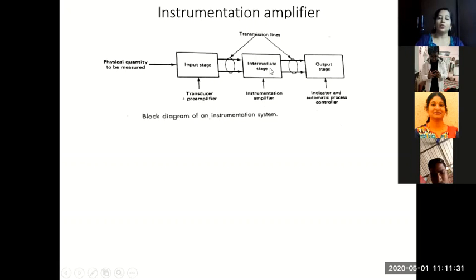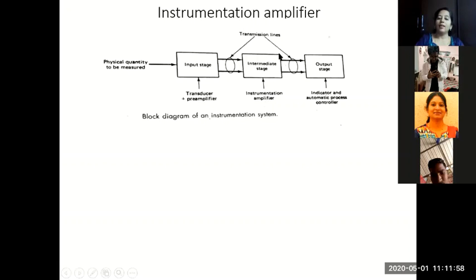This stage is usually present in a central control room. In the industry, usually there will be a control room where we are going to do this processing. So the intermediate stage is basically our instrumentation amplifier. The instrumentation amplifier which we are going to study now usually will form the intermediate stage.